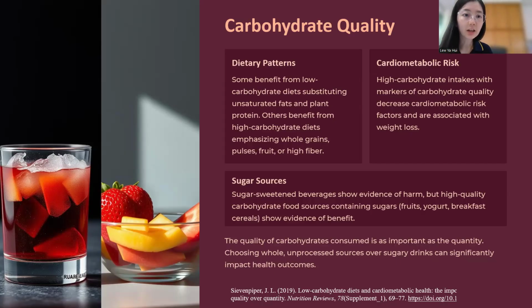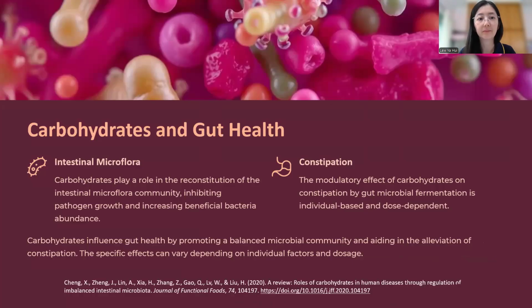In short, the type of carbohydrates you eat is just as important as how much you eat. Choosing whole natural foods over sugary drinks can definitely make a big difference in your health.